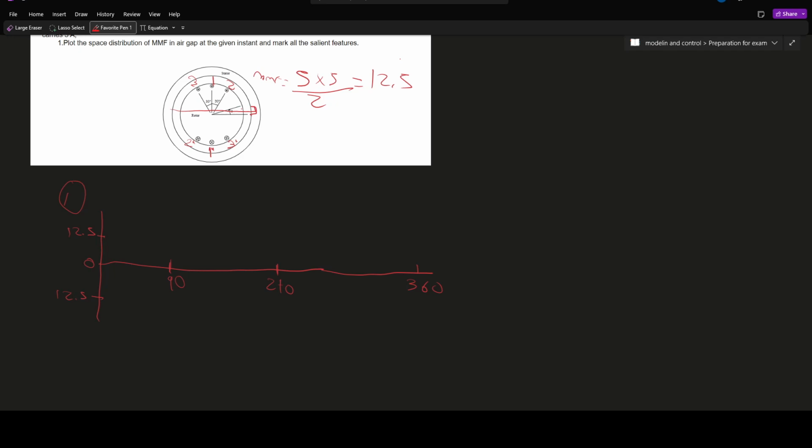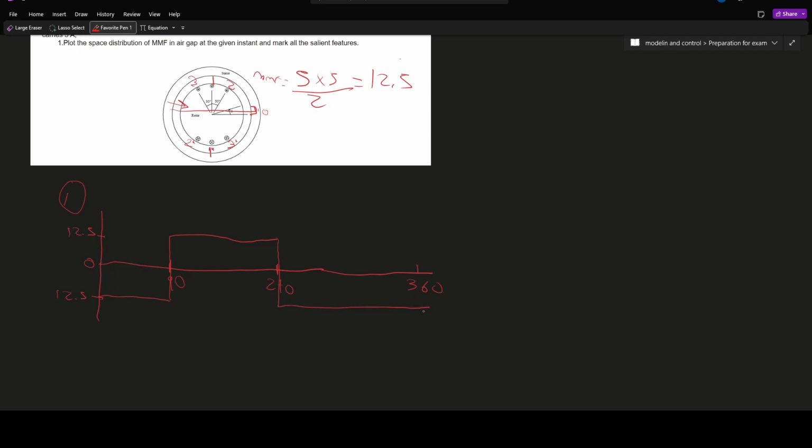From 0 degrees to 90 degrees, the flux is going out of the rotor. So we are going to say that is negative, as a convention that we just decided. And from 90 degrees to 270, the flux is going into the rotor, so the MMF is positive for this period. And then we repeat the cycle from 270 to 360.